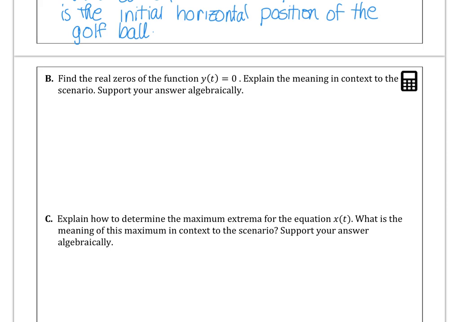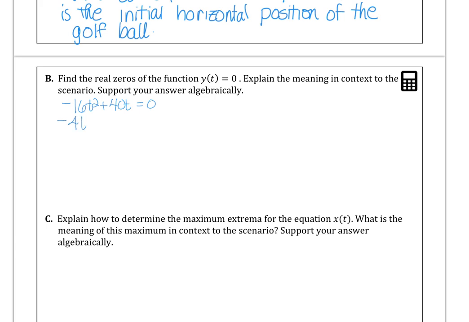We want to find the real zeros where y of t is 0 and explain the meaning in the context of this scenario and support your answer algebraically. Taking our y value, negative 16t squared plus 40t, solving that for 0, we can factor out a t and a 4.